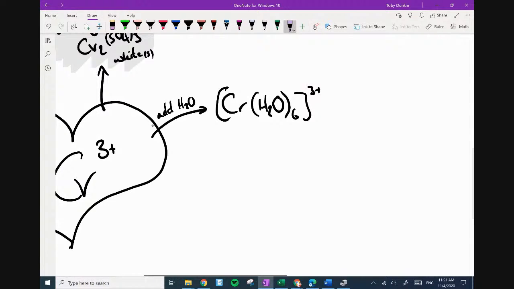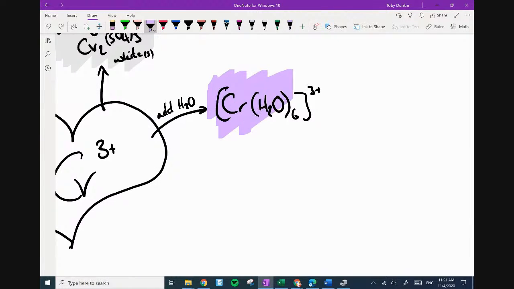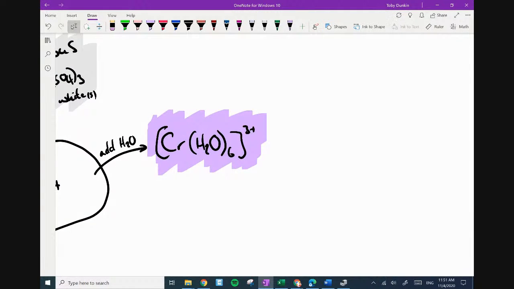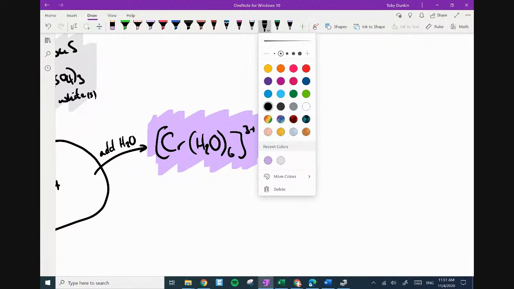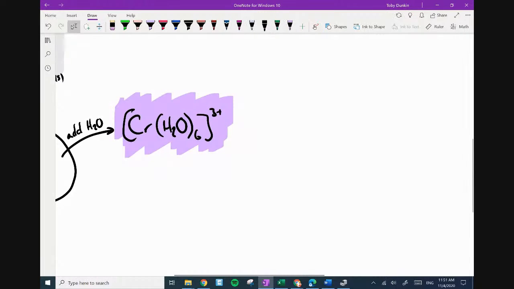You're not allowed to call this purple. I'm very sorry. Yeah, it's violet in color. Now, they actually accept loads and loads of different answers. This is actually the observational color. Now, students always hate this idea of observational versus reality and all this jazz, and it's a bit of a nightmare. And in reality, guys, you just have to learn the observational. In my day, we had to know both, not so much anymore.